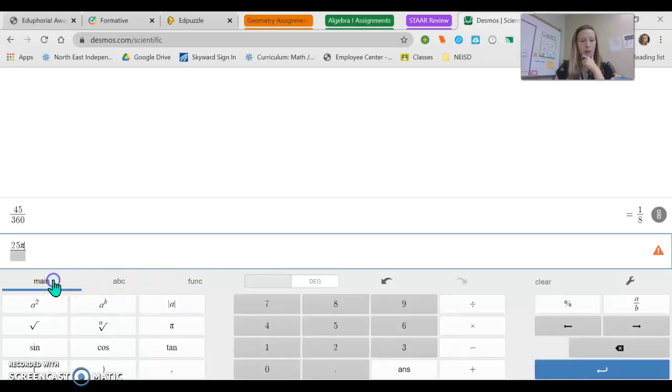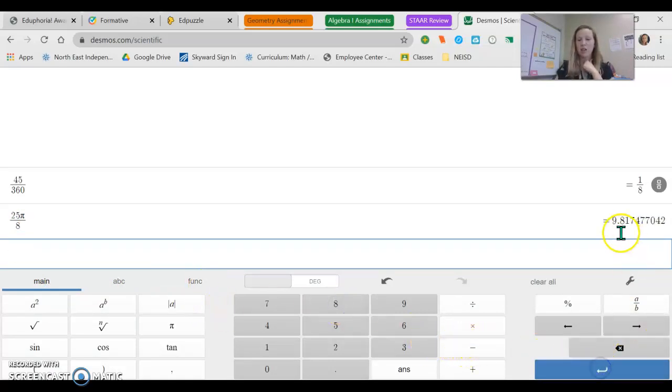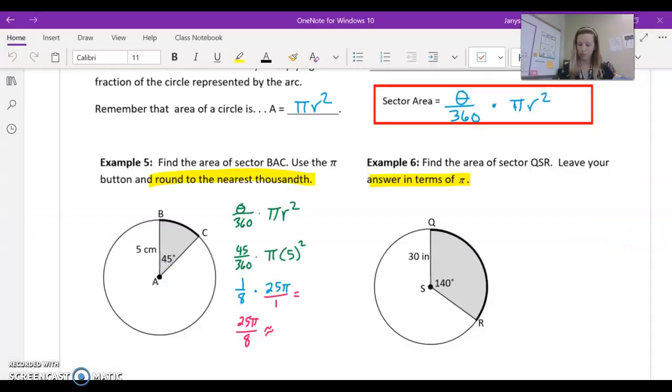Okay. I'm going to go back to the main button to type in over 8. So it's 25 pi divided by 8. Hit enter, and there it is. We are rounding to the thousandths, so that's 3 places after the decimal, 9.817. And our unit is centimeters squared because this is area, so the unit will be squared.